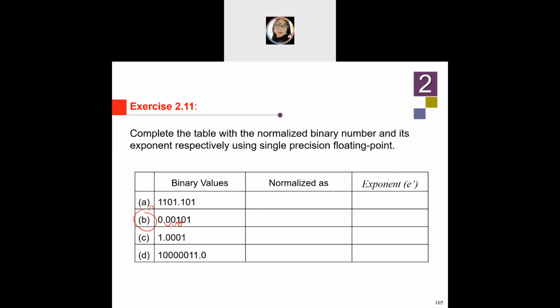Okay, now this will mean 1.01, and our exponent is -3, because we are moving to the right. Later on, you need to know how to convert -3 to binary also.